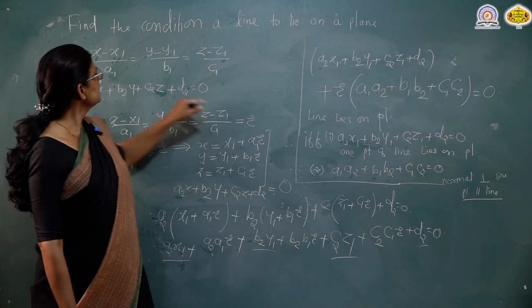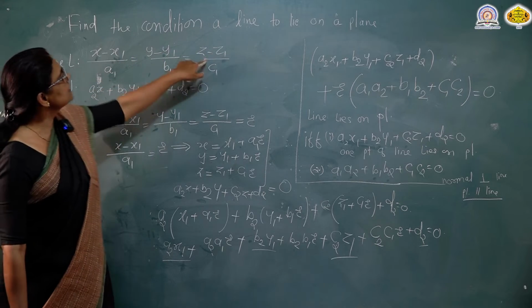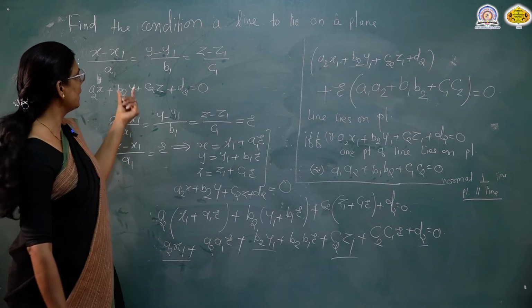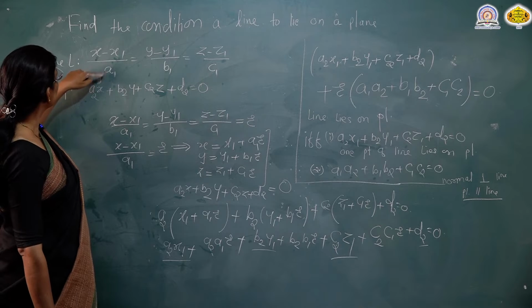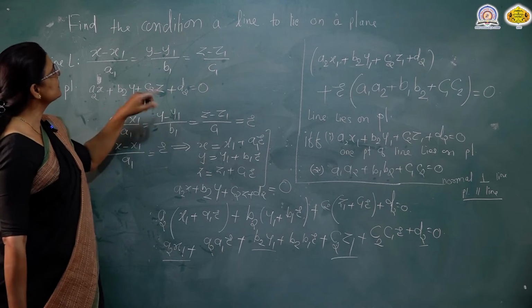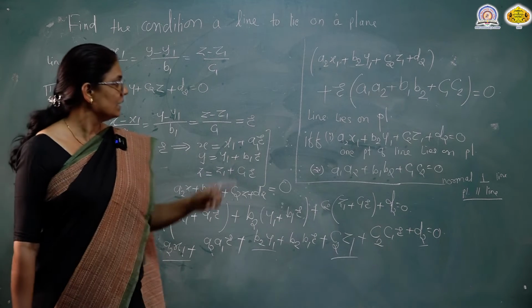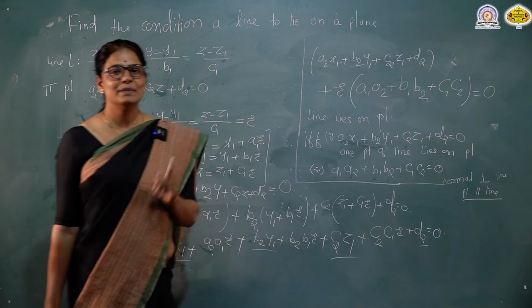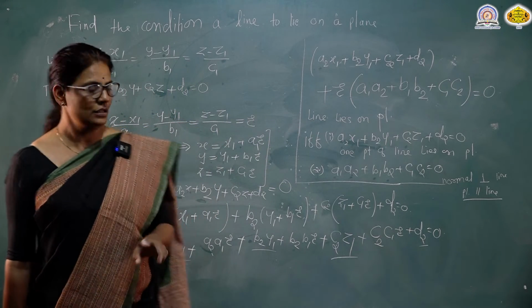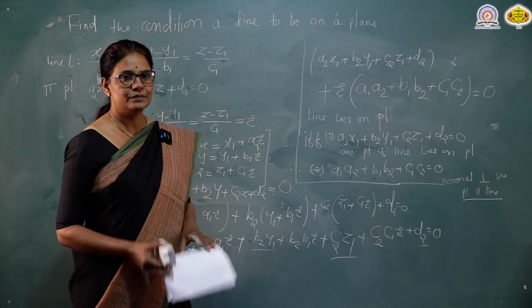The first condition is that x1, y1, z1, a point on the line, should lie on the plane, and the second condition is that a1 a2 plus b1 b2 plus c1 c2 equals 0. That is, the normal is perpendicular to the line, or the plane is parallel to the line. So remember these two conditions.